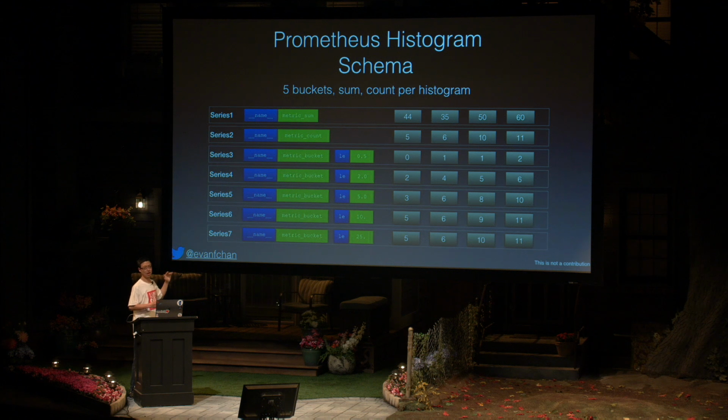This is hopefully not news for folks, but I just want to make sure that we're on the same page. The Prometheus client will insert a label called the LE tag, which stands for less than or equal to, right? So at LE 2.0, it means that I have, say, 2 counts that are at the value of 2 or less. And at LE 10, that means that I have, say, 5 counts that were 10 or less that have been collected so far. And these accumulate over time as counters.